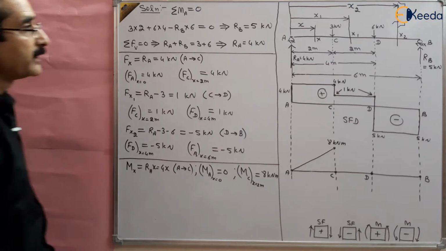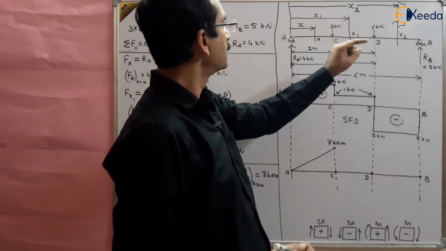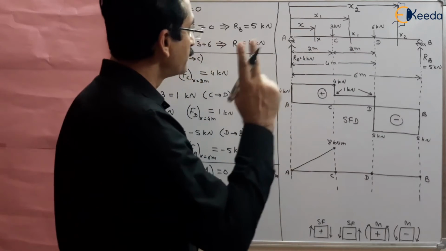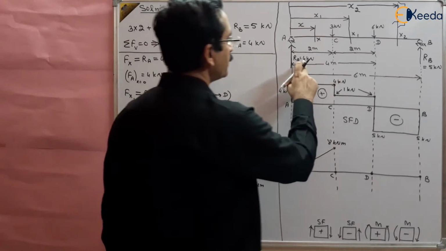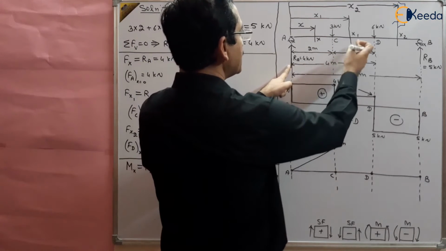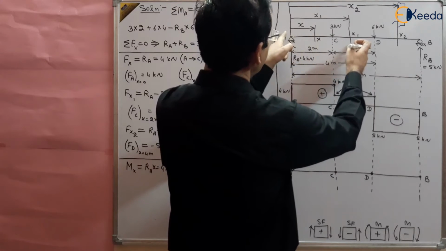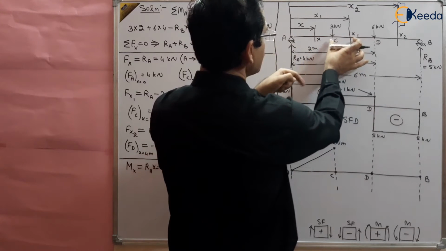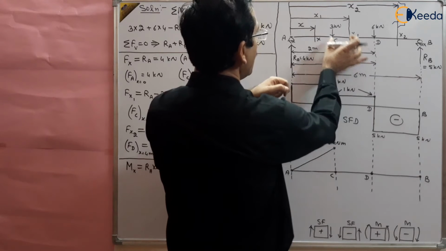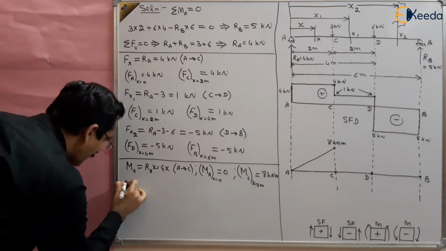Now take another section, x1 from A, at a distance x1. Now there are two forces. We have to take the moment of two forces, 4 kilonewton and 3 kilonewton. 4 kilonewton multiplied by the distance x1, and 3 kilonewton multiplied by the distance x1 minus 2, because the distance Cx1 is x1 minus 2. So now take Mx1.